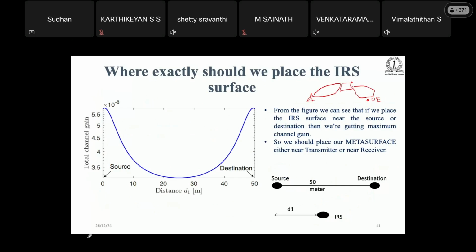When we receive a signal at the UE, there are two wireless media, this one and this one, and we get some fading effect from this path. We also get some fading effect from this path, and that's why it's called a double fading effect. There are two channels, called a cascaded channel. So another problem is estimating these two cascaded channels and this double fading effect.